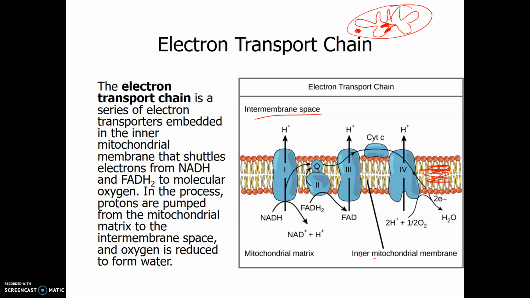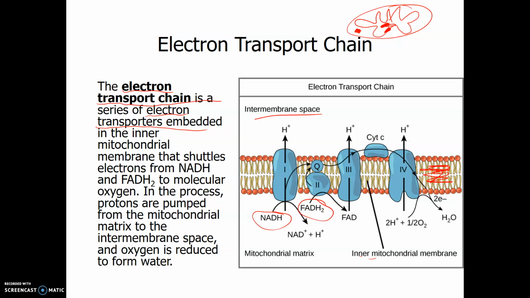And then what we're watching happen with the electron transport chain is across between the intermembrane space and the mitochondrial matrix. So the electron transport chain is a series of electron transporters, which are blue, embedded in the inner mitochondrial membrane. And what they do is they shuttle electrons and hydrogen ions from the carrier molecules, NADH and FADH2.